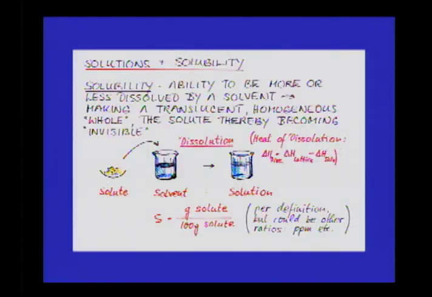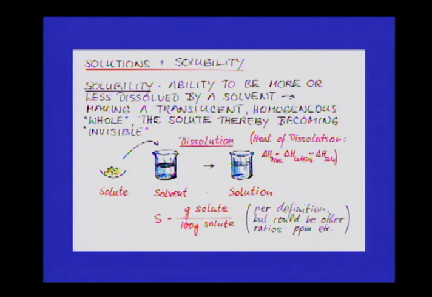So the heat of dissolution is usually considered the difference between the lattice energy that holds the particles together in the solid crystalline form and the solvation energy that is a result of solvent interaction, like hydration when water molecules are concerned and solvation when other solvent molecules are concerned.